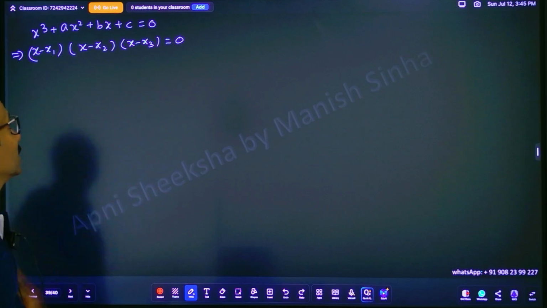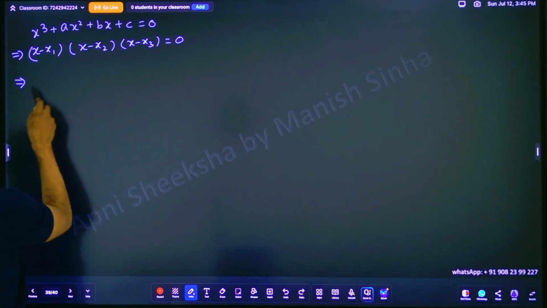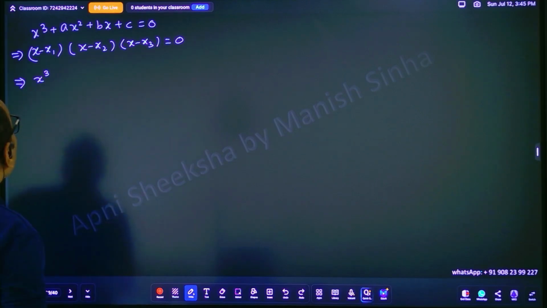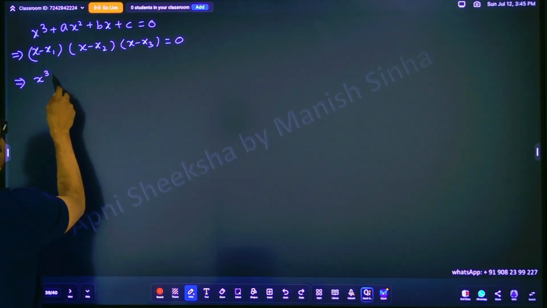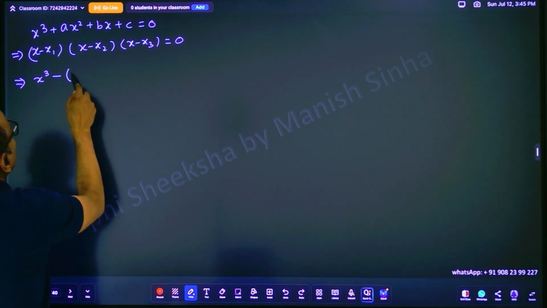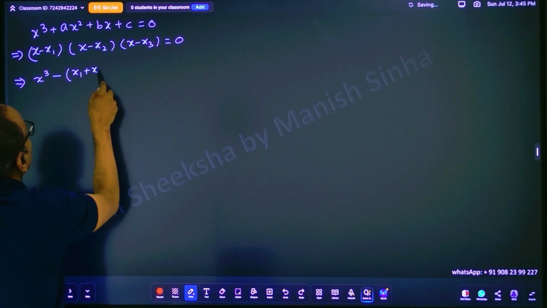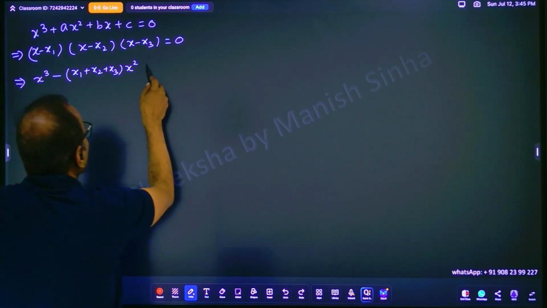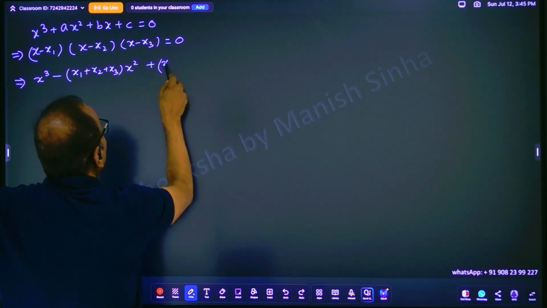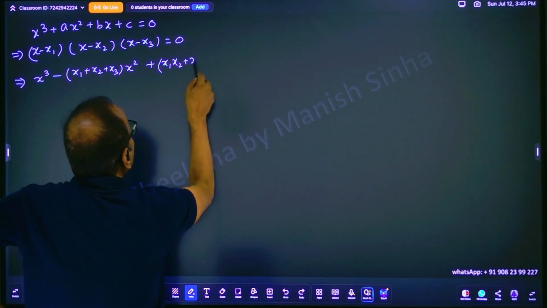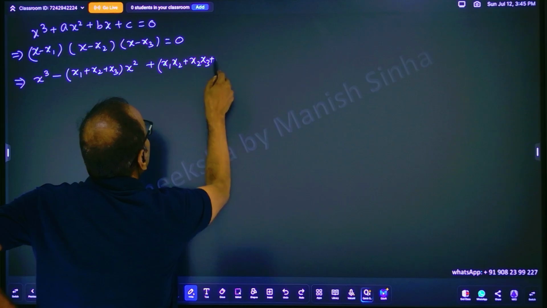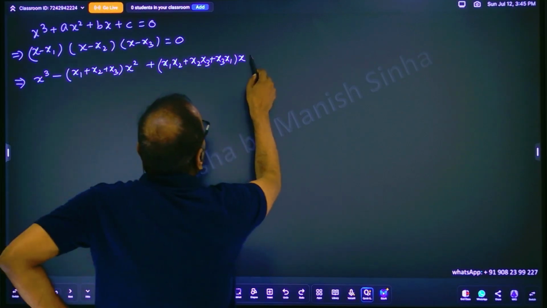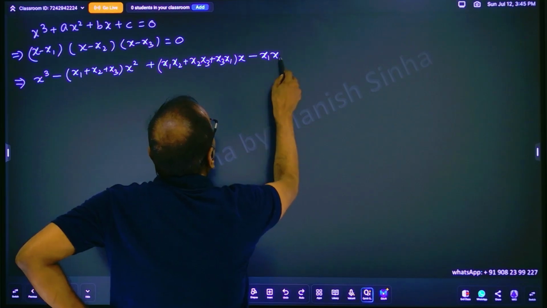Now expand it. When you expand it and reorganize, you will get x cube minus x1 plus x2 plus x3 into x square plus x1 into x2 plus x2 into x3 plus x3 into x1 times x minus x1, x2, x3.